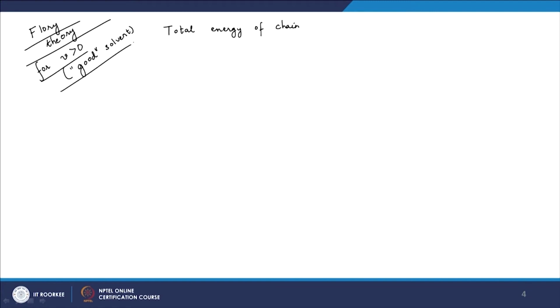So, the total energy of the chain, U, is comprised of the elastic energy and the interaction energy due to excluded volume that we have just derived.